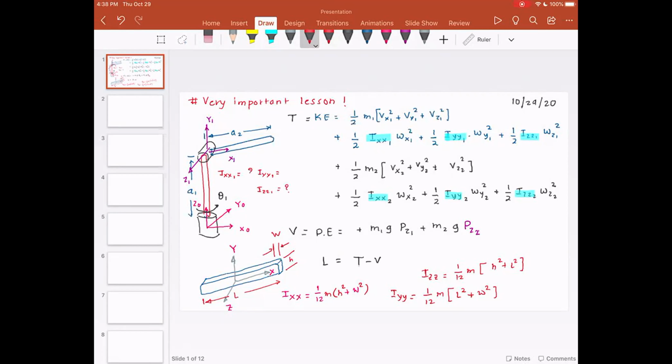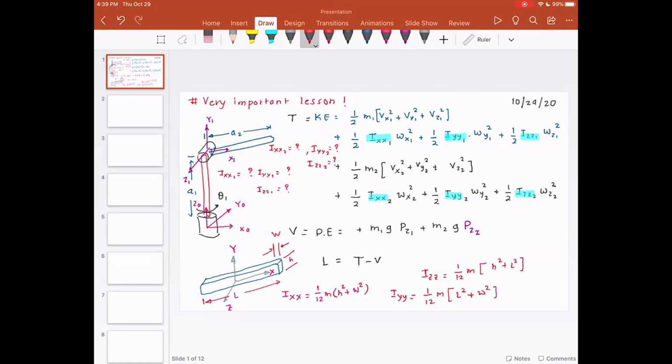Second question is, what is Ixx2? What is Iyy2? And what is Izz2? And this is not a trivial question, because please try to understand how the coordinate systems are flipping. So we have to be super duper careful.